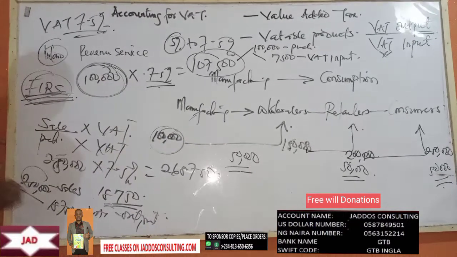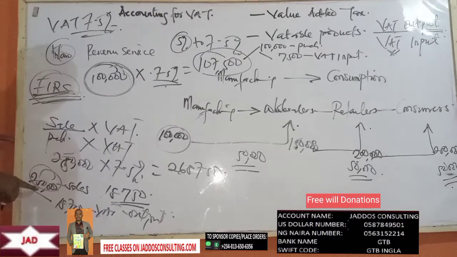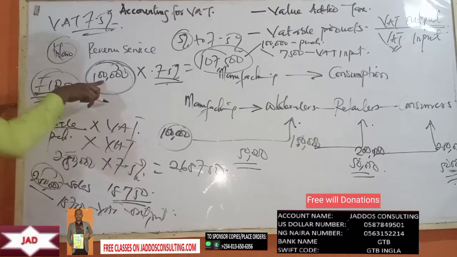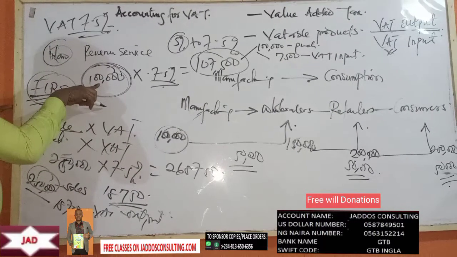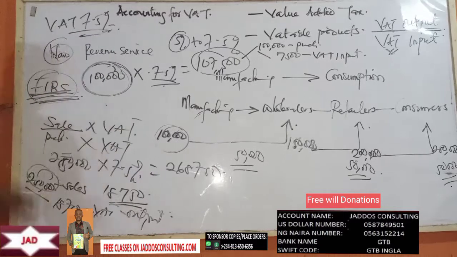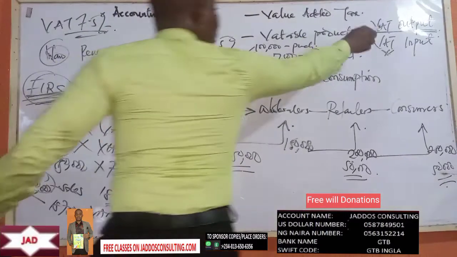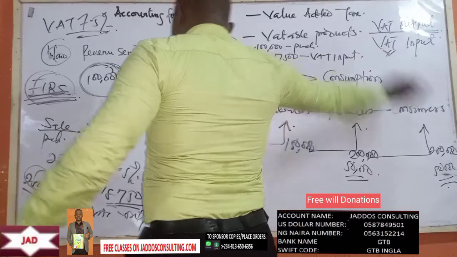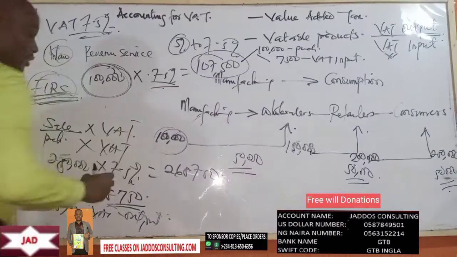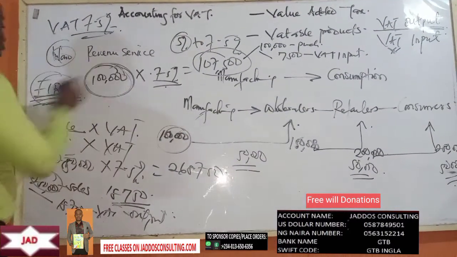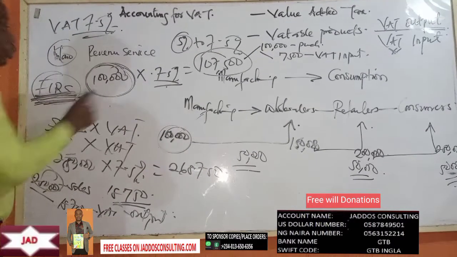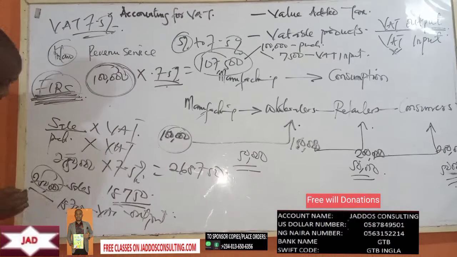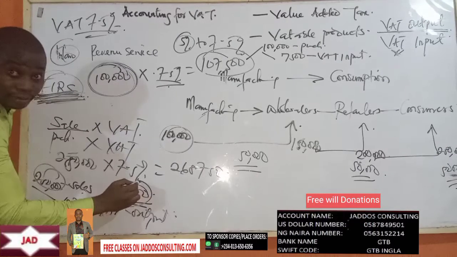So at the point of sales, you charge VAT. At the point of purchases, you pay VAT. The VAT output will be compared to the VAT input to know the net difference that you pay to the Federal Inland Revenue Service. Based on this scenario, the VAT output here is 18,750.